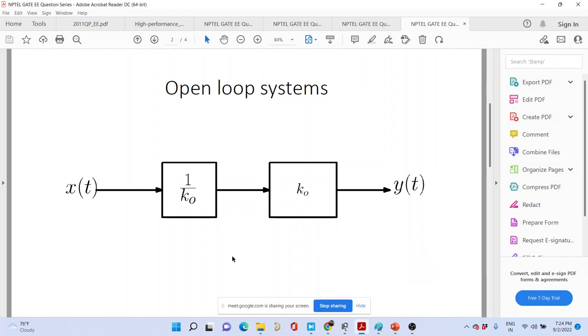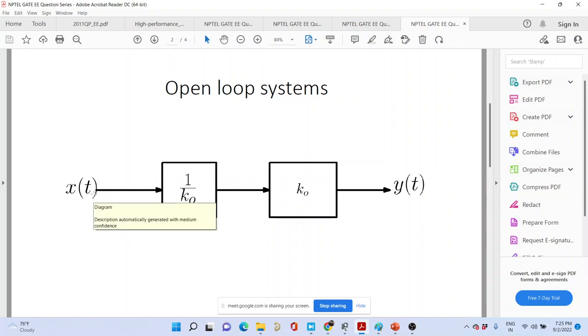Actually, we use those feedback systems to adjust the output for reducing the errors, sir. To adjust the output according to our required output, and minimize the errors.